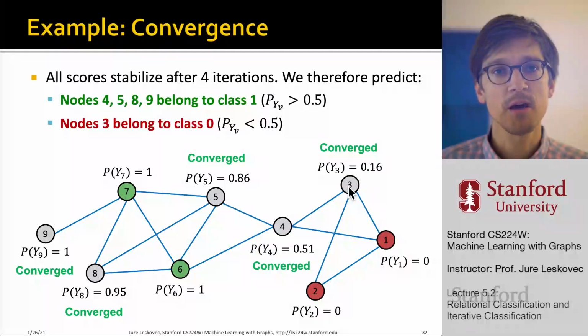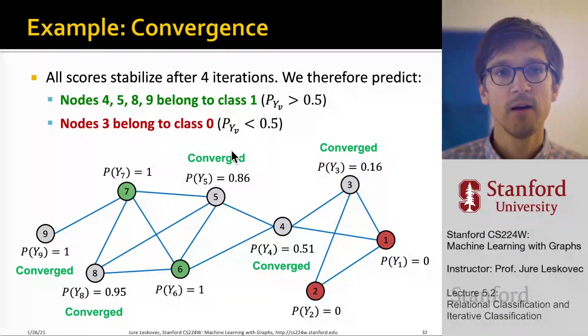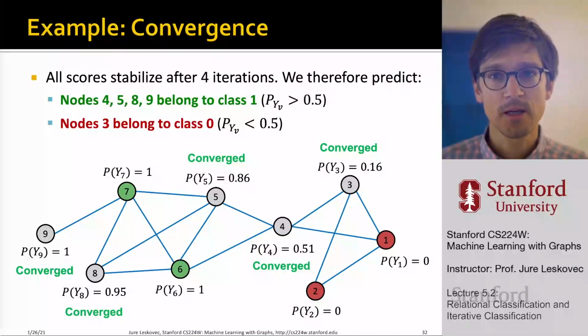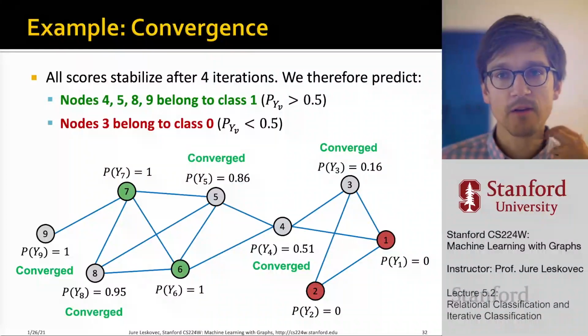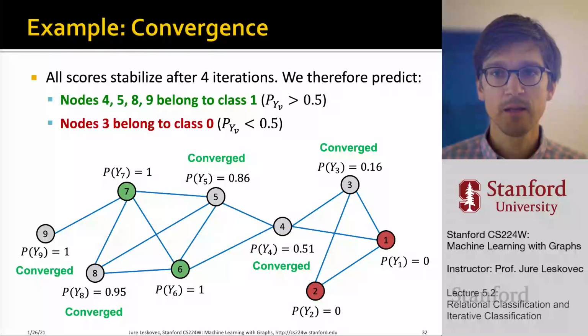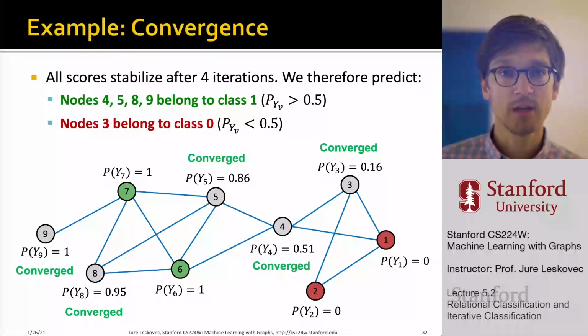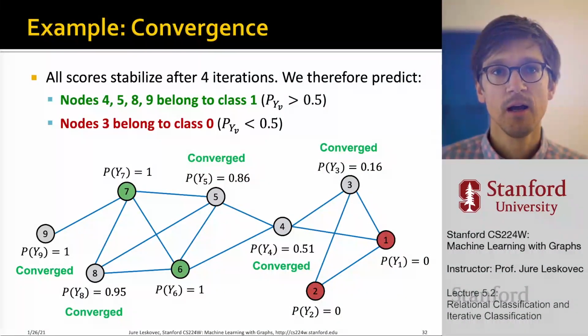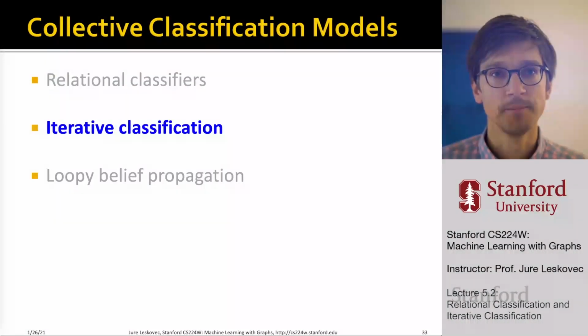So our predictions now would be that 4, 5, 8, and 9 belong to green color, and 3 belongs to red color. We did this by iteratively propagating label information, with nodes updating their belief about their label based on the labels of other nodes. In this approach, we used the notion of the network, but we did not use the notion that nodes have any kind of features or any kind of signal attached to them.